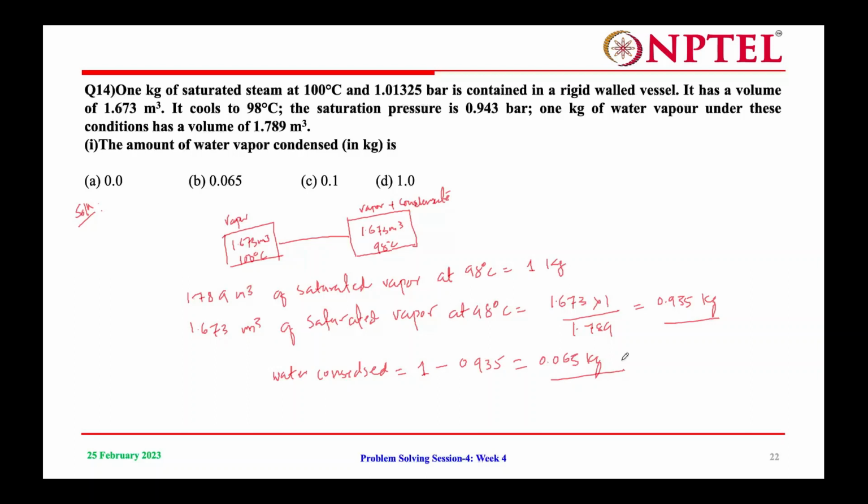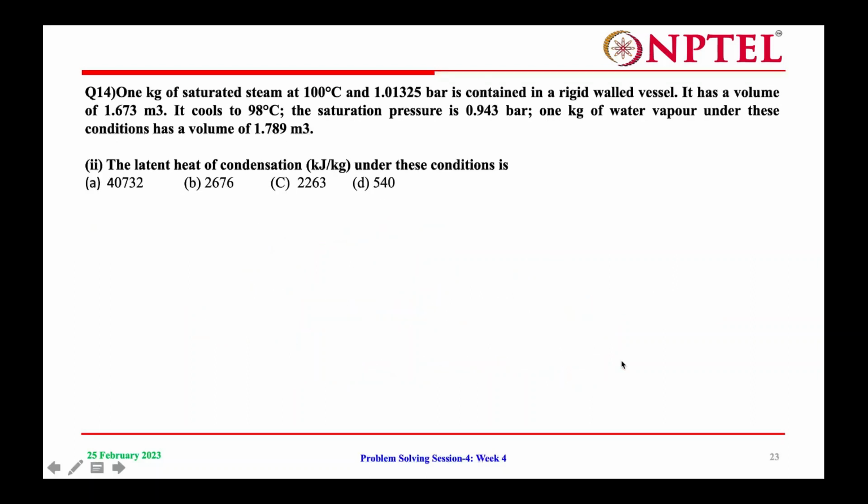Okay, sir. Right. Now the same question, the statement is the same, but here we have to calculate the latent heat of condensation in kilojoule per kg under this condition. So here the temperatures are given, initial temperature and final temperature, T1 and T2, and pressure is also given.